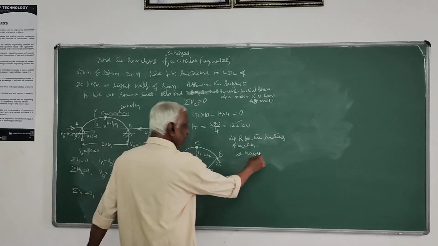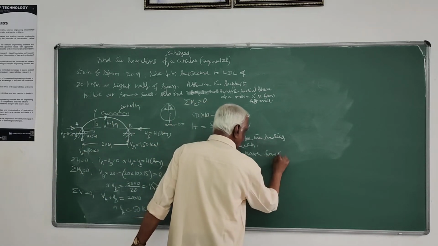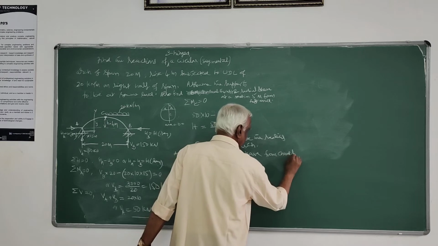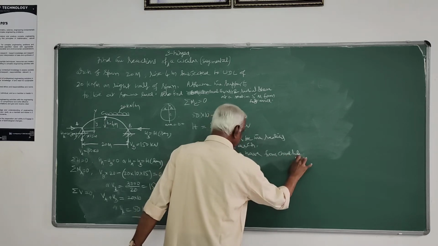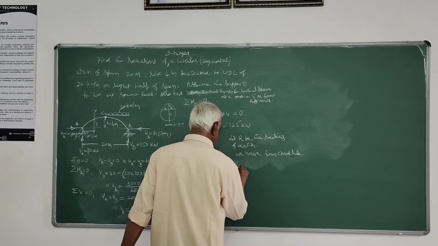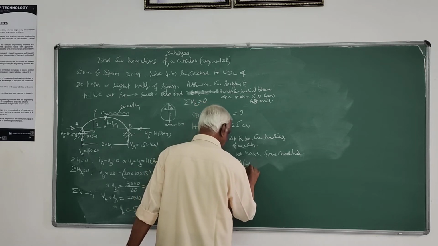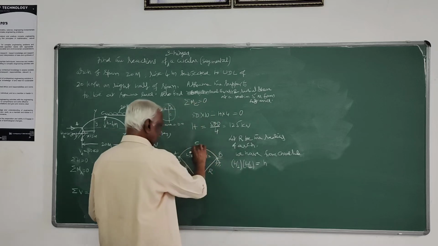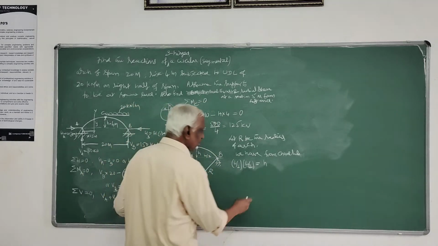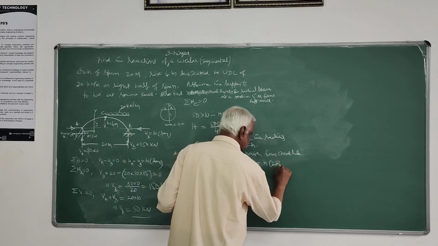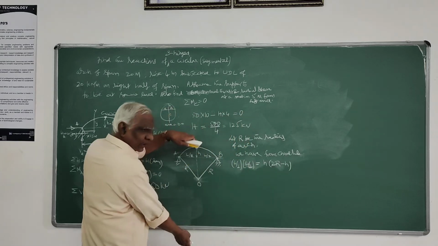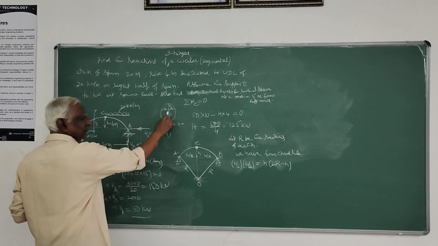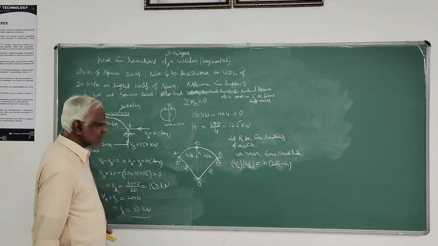So from the chord rule of geometry, this L by 2 into L by 2 is equal to H, this is H, into the other one, 2R minus H, correct? The other distance, this, that is 2R minus H.